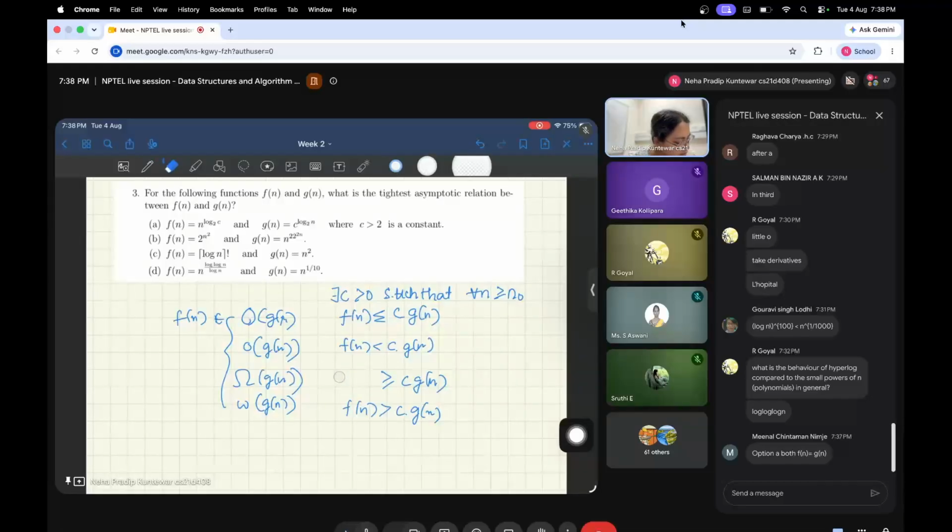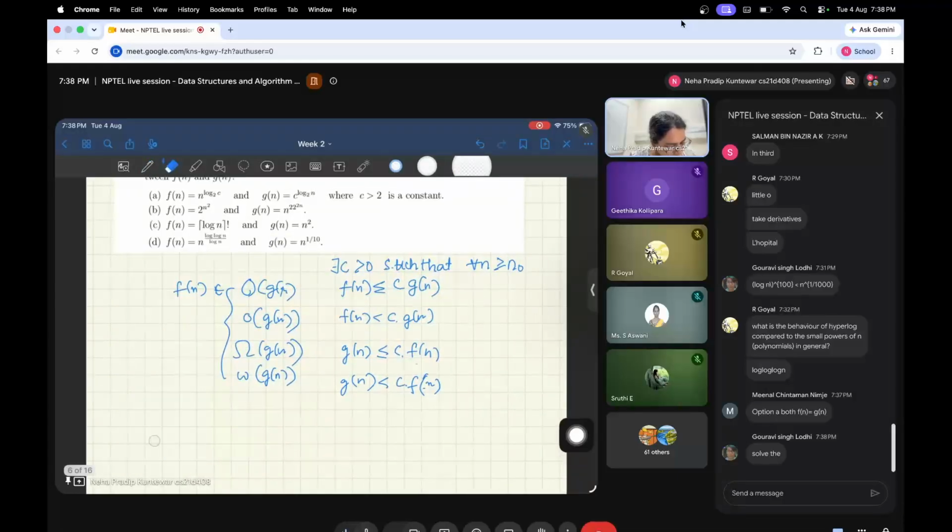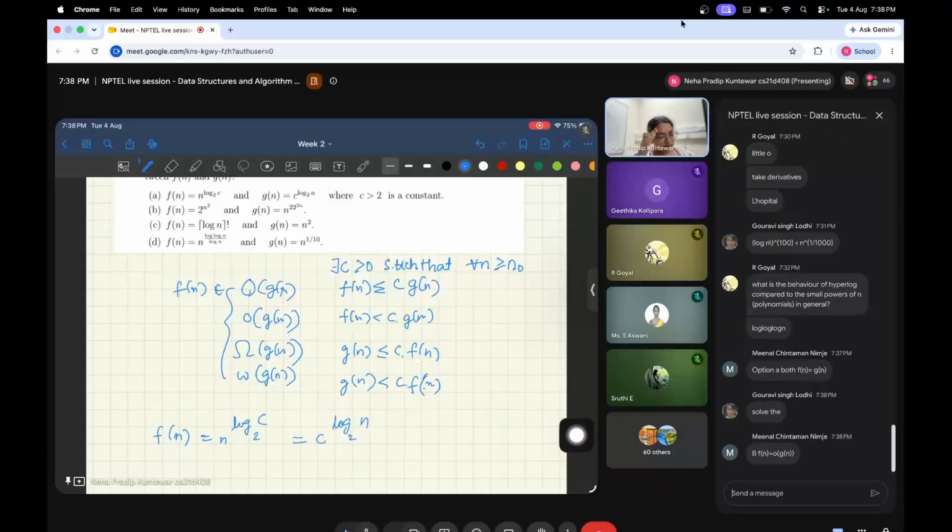Okay, actually I should be writing it this way. Okay, so there are a couple of answers. As some of you have pointed out, f of n is equal to n to the log of something, which is nothing but c to the log n, and this is nothing but g of n.